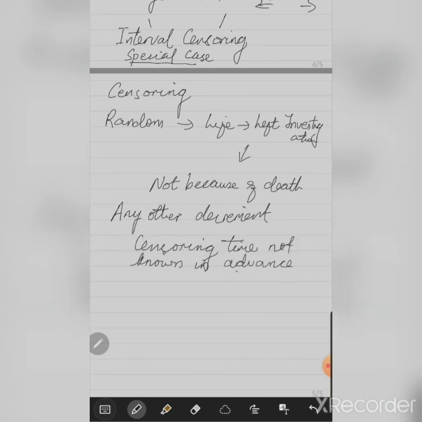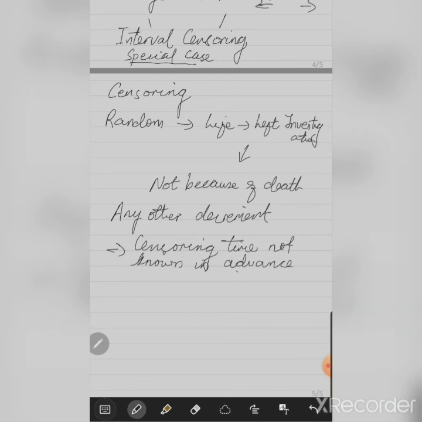He could have left because his health improved, or because he is not able to find treatment which is sufficiently good, and we don't know when that person is going to leave. When all these things come into the picture, we are building a kind of random censoring into our data.